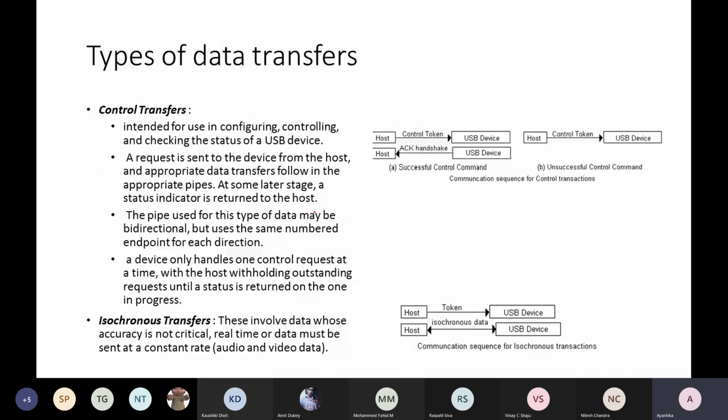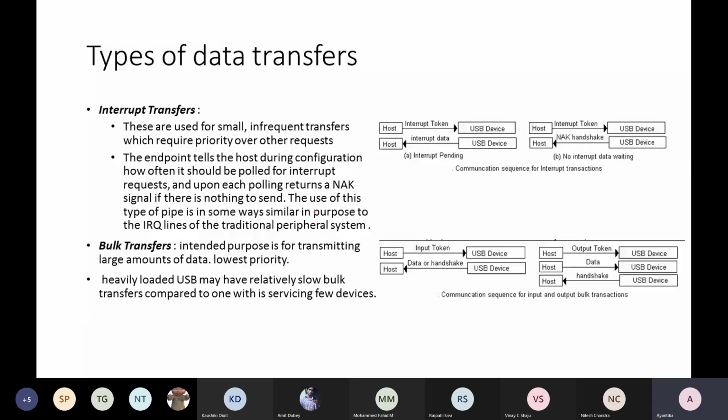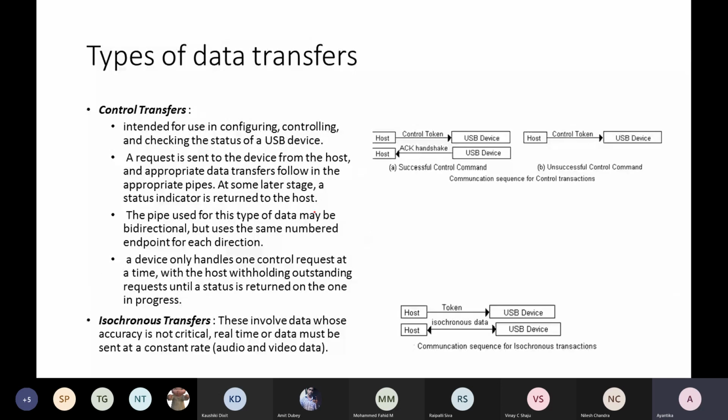Now we talk about the types of data transfer present in USB. There are 4 types of data transfer: control transfer, isochronous, interrupt-based transfer, and bulk transfer. As the name suggests, control transfer is for configuring or controlling. USB always works in a master-slave mode.